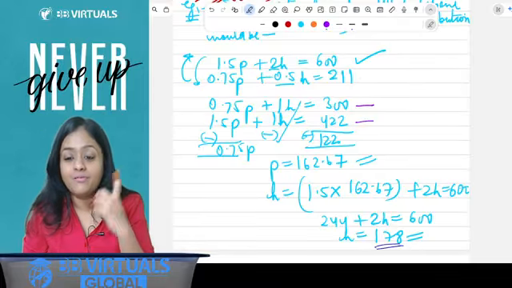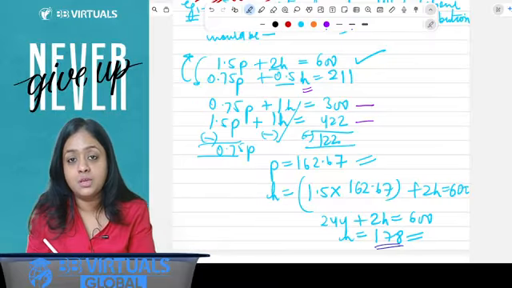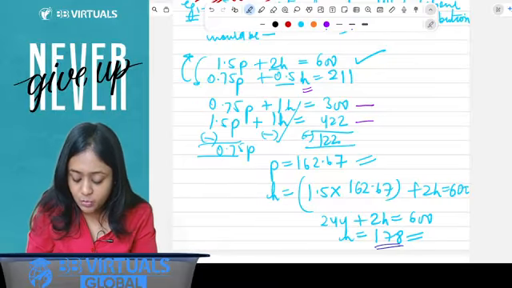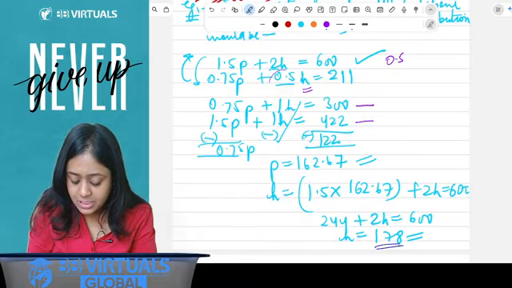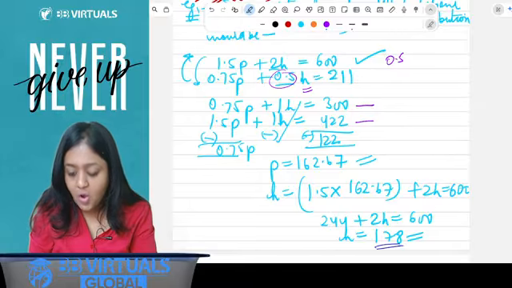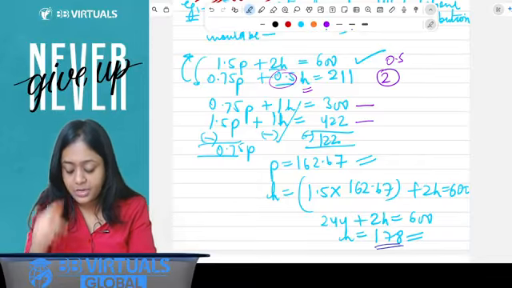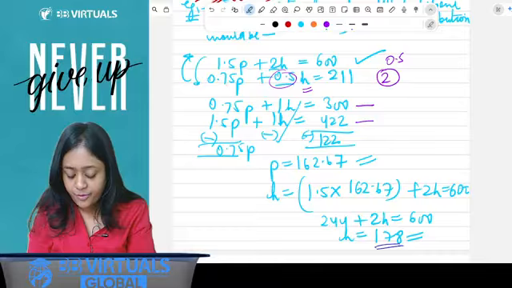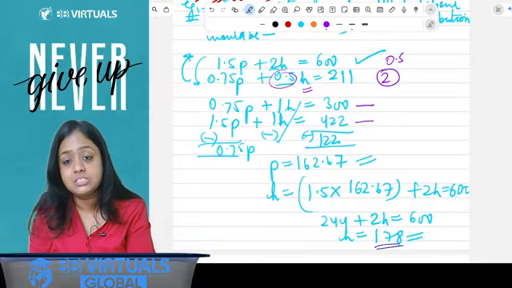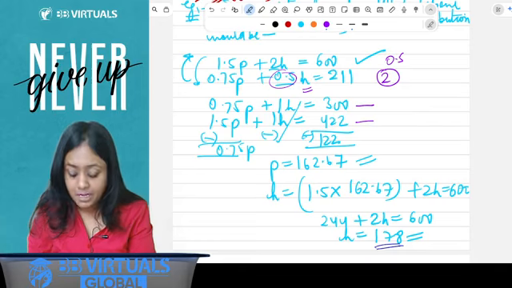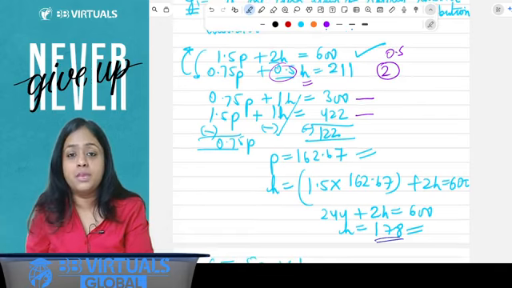In order to make one variable 0, let's say I've chosen this variable, then I will multiply the first equation with 0.5, and I'll multiply all the numbers in the other equation with 2. So when you multiply 0.5 with 1.5, with 2, and with 600, I get 0.75p plus 1h is equal to 300.